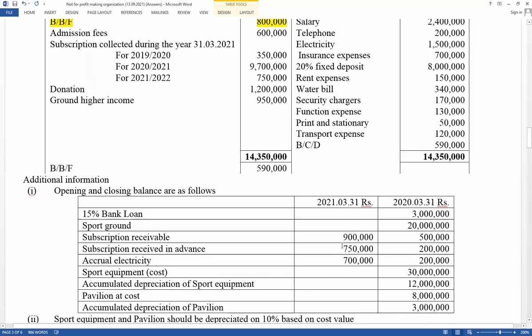If closing balances are given clearly, they should be recorded in the financial position.